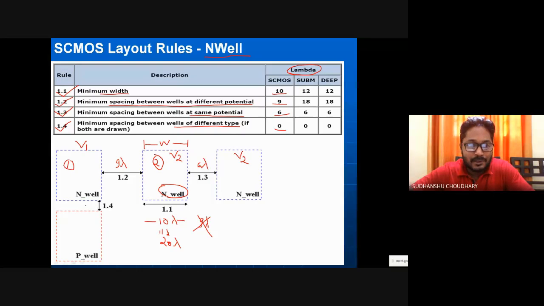That is, these 2 wells can even touch each other. So this is permitted, 0 lambda. You cannot touch N wells together, but P well and N well touching is allowed.